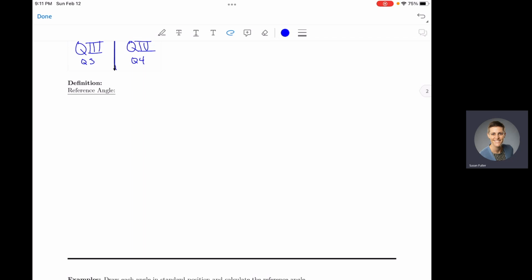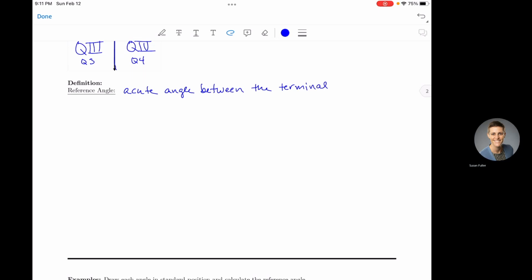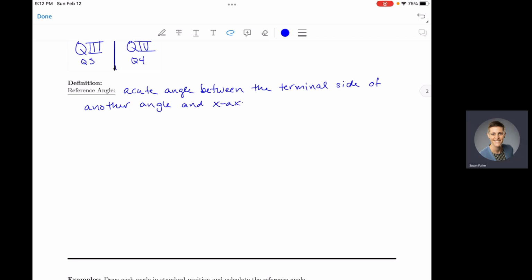So a reference angle, basically, is the acute angle between the terminal side of another angle and the x-axis.